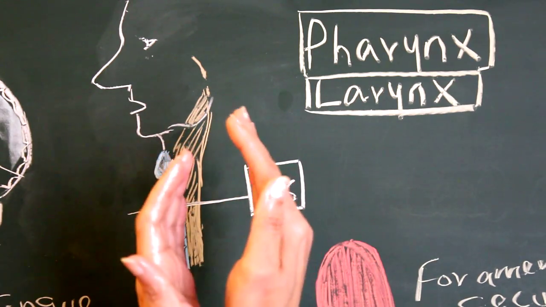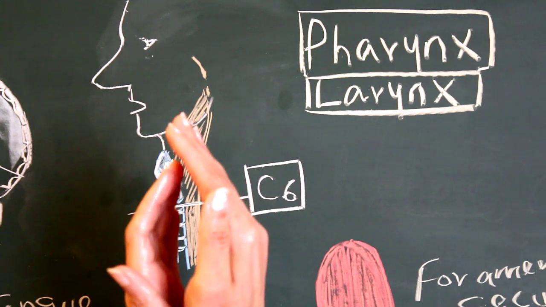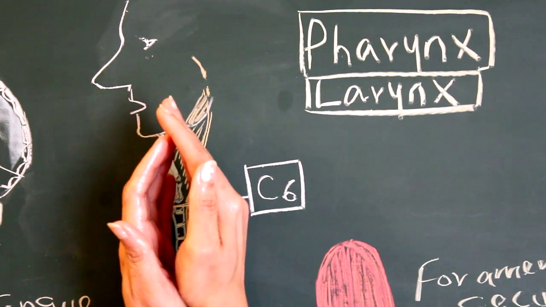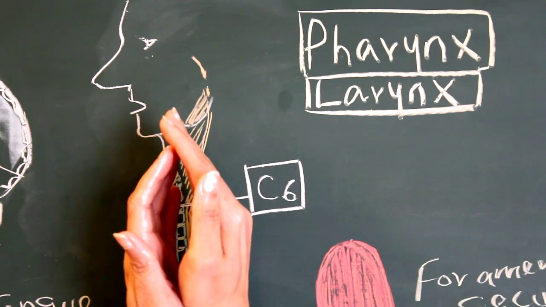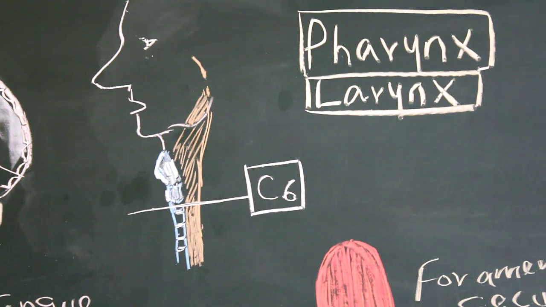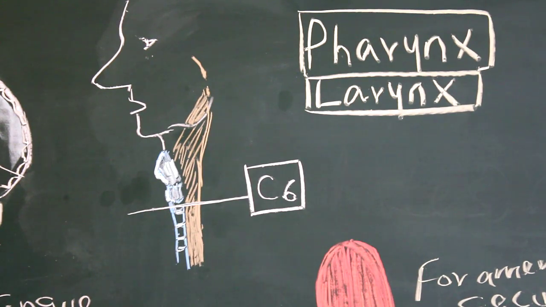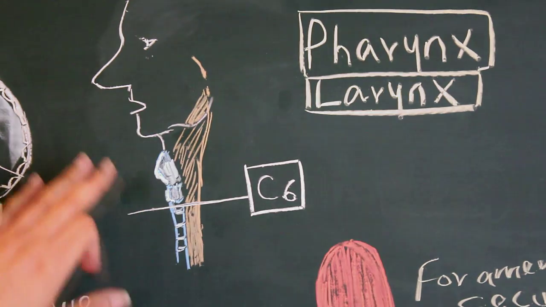It has the anterior wall while the posterior wall is incomplete, and together they form the throat region of our neck. Okay, I will be discussing the detailed anatomy of each of these tubes in a later video, but for now we'll move on to the developmental anatomy of the pharynx and larynx.